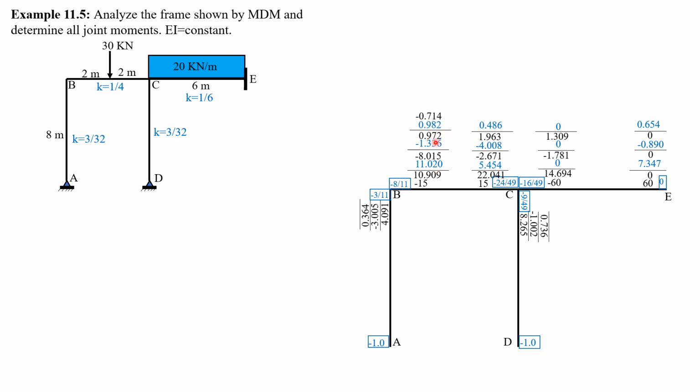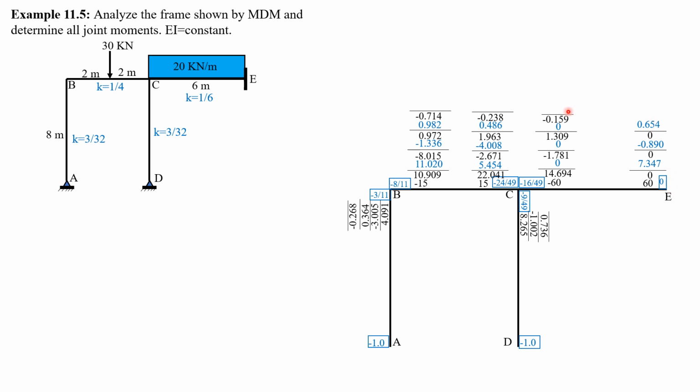0.982 times negative 8 over 11, negative 0.714, lock partially. 0.982 times negative 3 over 11, negative 0.268, lock partially. Then 0.486 times negative 24 over 49, it is negative 0.238, lock partially. 0.486 times negative 16 over 49, negative 0.159, lock partially. 0.486 times negative 9 over 49, negative 0.089, lock partially. 0.654 times 0, lock partially.